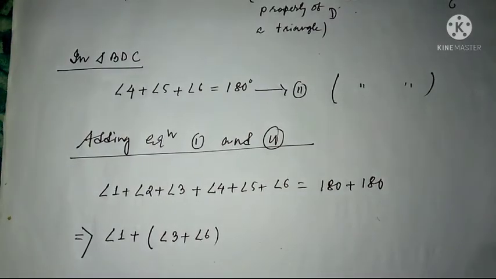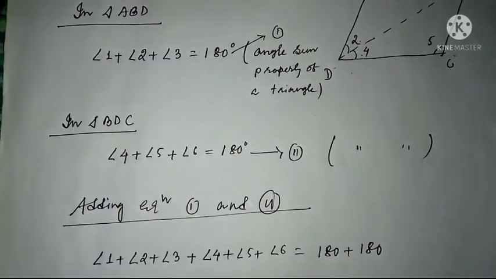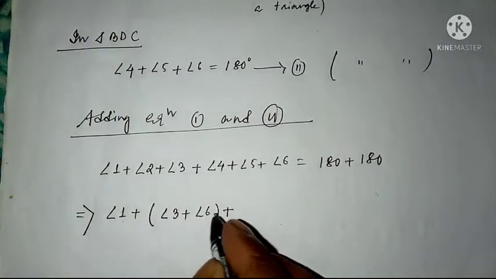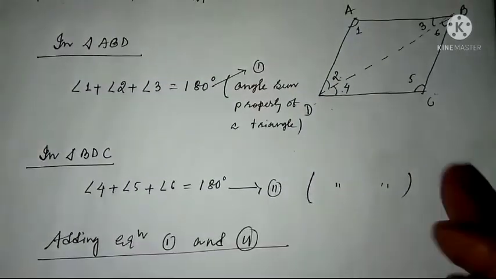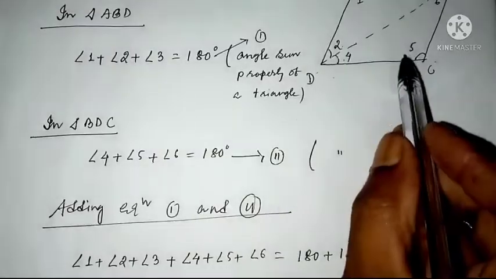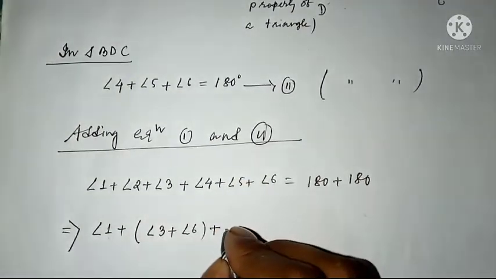Now this is A, this is B. Next I will come to your C. Angle C means actually angle 5. So next you write your angle 5.